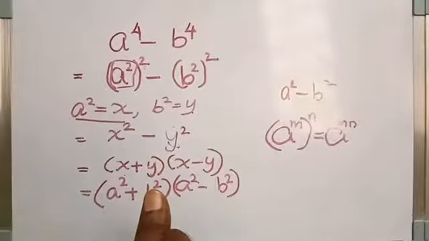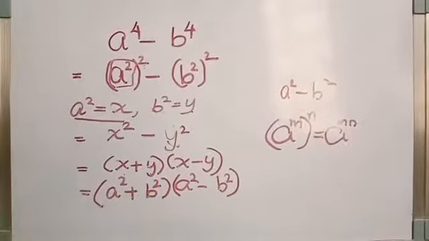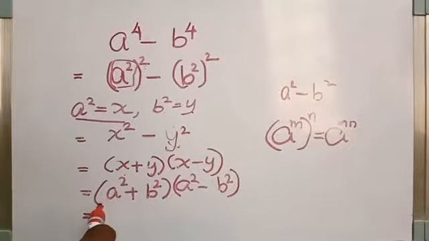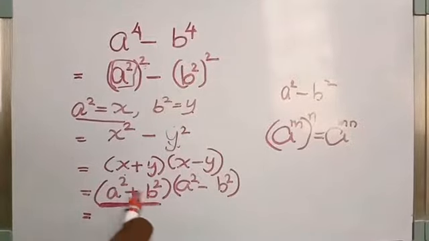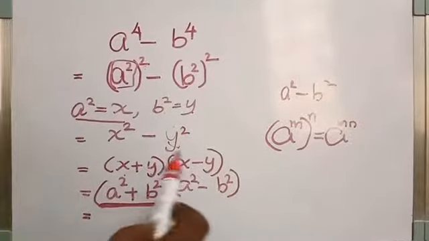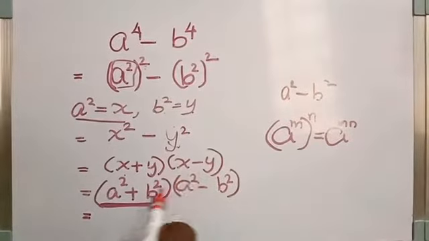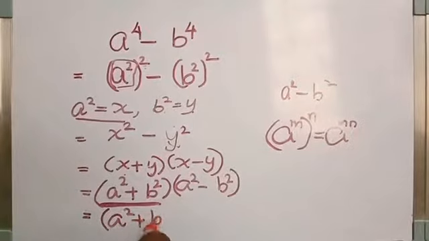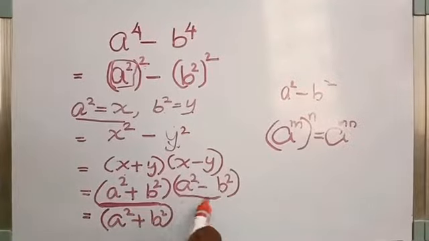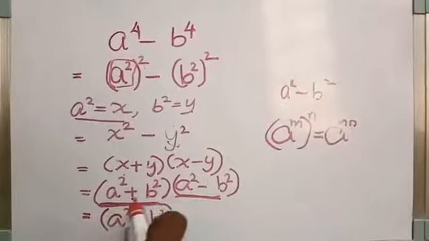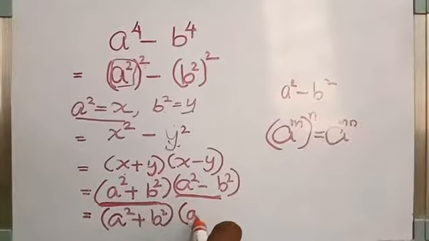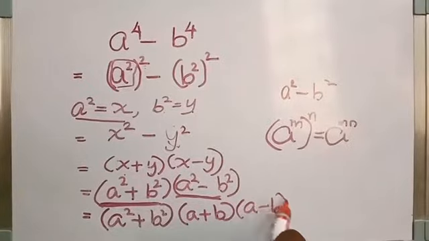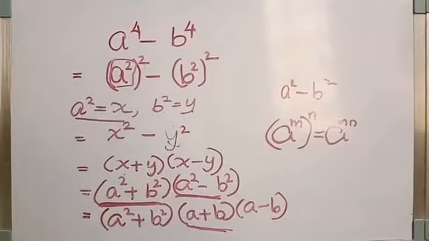Directly we can do. Now you look at this one. At present we cannot do anything for this because this is a sum. We want a difference, the a squared minus b squared form. So this remains as a squared plus b squared. But here we can use the same formula, so it can be written as a plus b into a minus b as a result.